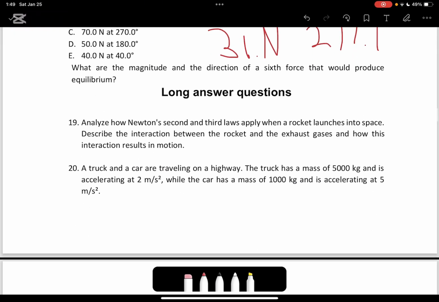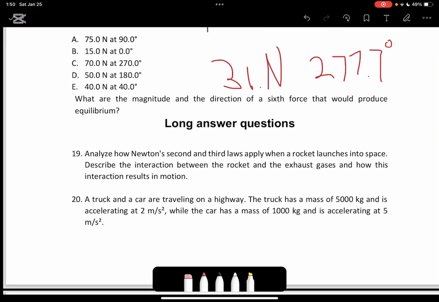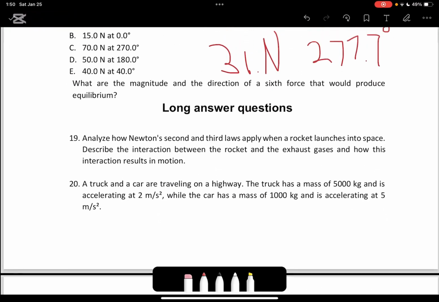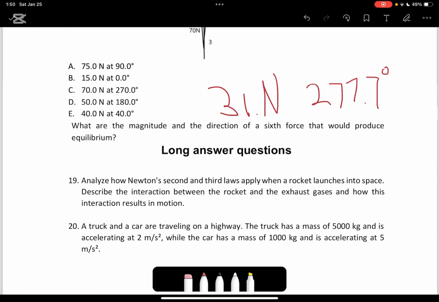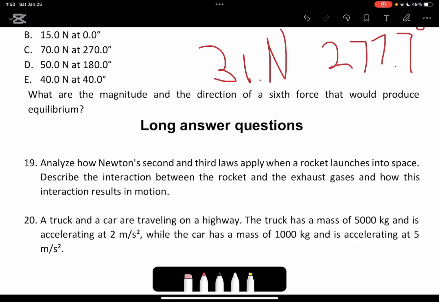Now, long answer question. These are the last 2 questions in this paper. Analyze how Newton's 3rd law applies when a rocket launches into space.